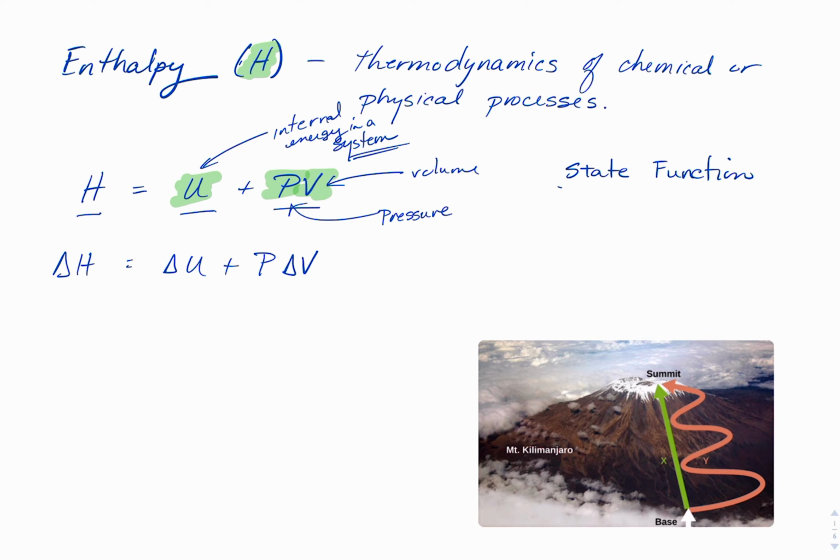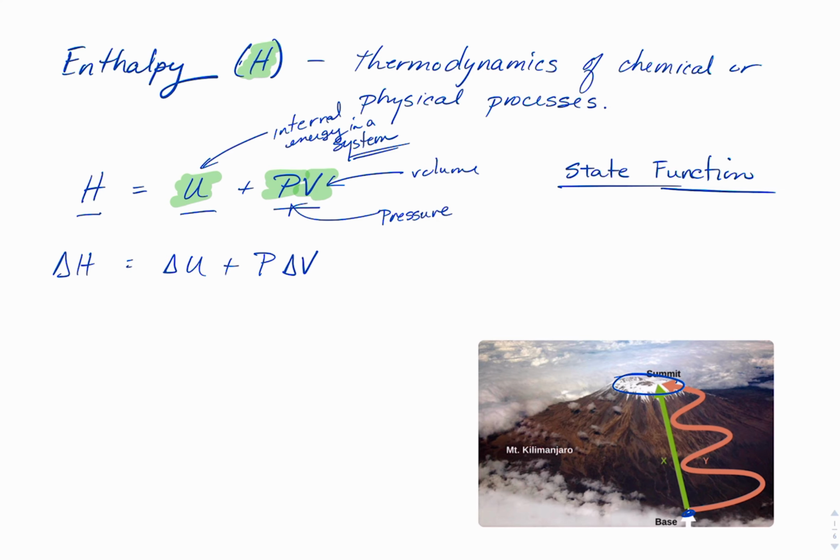State functions are essentially values that only rely on the actual value at that time, but not how that value was achieved. So a classic example is altitude on top of Mount Kilimanjaro. There are really, in this diagram, a couple different ways that you could get to the summit of Kilimanjaro and be at that altitude of 19,000 plus feet.